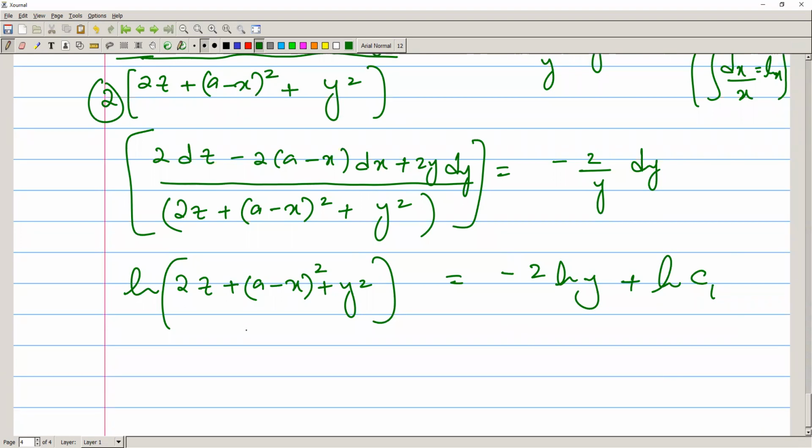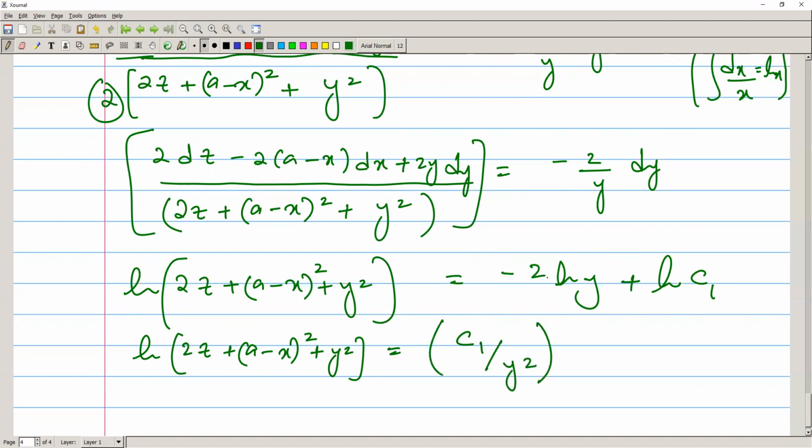So now the general function, we can just simplify using the properties of log. So it will be c1 over y squared. Why? Because this negative 2 will come to the power of y, so it will be y to the power minus 2.